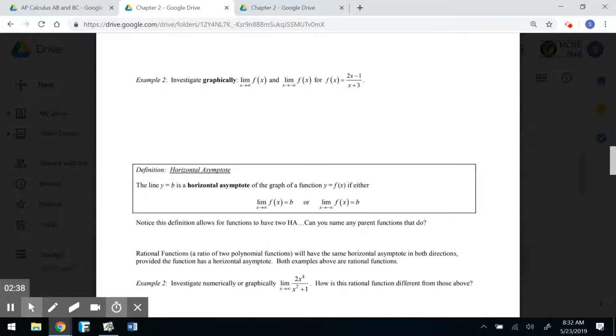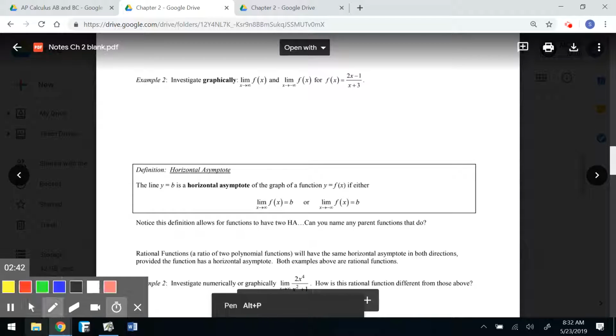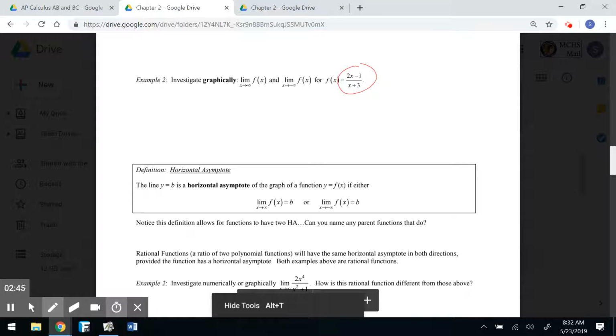Let's go ahead and take a look at another rational function. f of x equals (2x minus 1) over (x plus 3). Now, if we wanted to graph that, same thing, right? We were concerned about rational functions when the function would have horizontal and vertical asymptotes. If you look very closely there, the denominator would be 0 at x equals -3. If I wanted to do just a quick sketch of what this graph looks like, I would put a vertical asymptote right down that line at x equals -3.